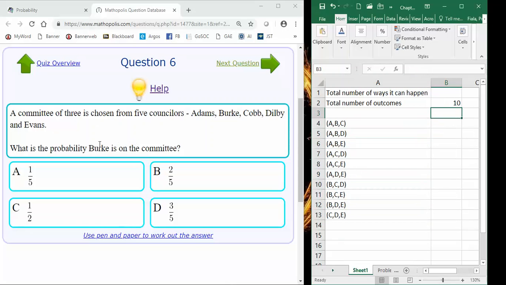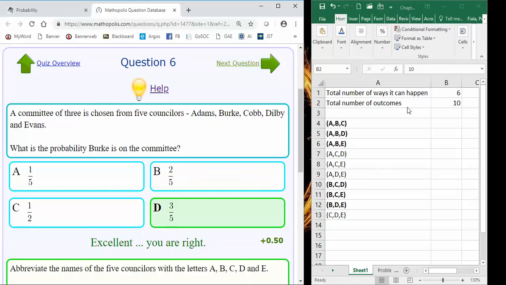Now, what's the probability Burke is on the committee? So there is 1, 2, 3, and 4, 5, 6. Okay, we have 6, correct? So we've got to divide: 6 over 10, divided by 2, is going to be 3/5.